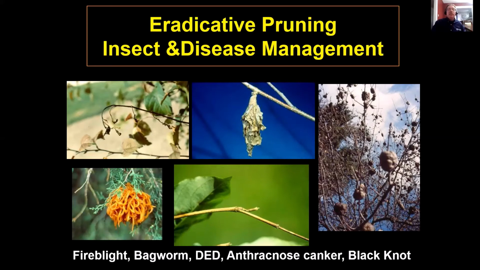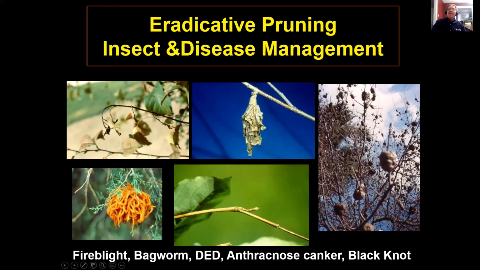In the upper left is fire blight, and we see that a lot on rose family, so a lot of the apples, crab apples, and so forth. We're seeing it on pears. That's a bacterium. The only way to control that is prune it out, prune into sound wood, do it in the dead of winter because you don't want to spread that bacterial ooze to the next plant. You also want to clean your tools when you're done pruning something that had fire blight.